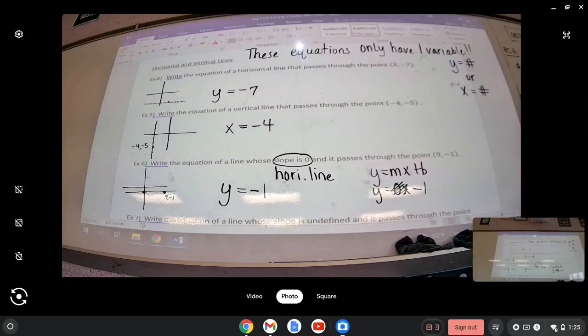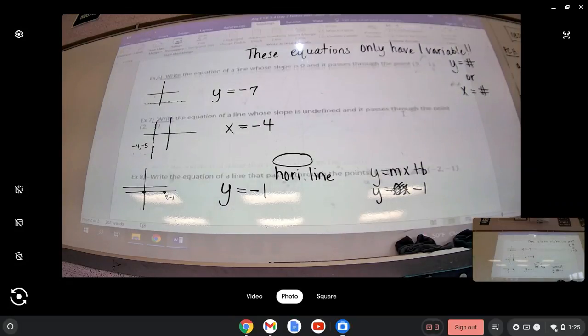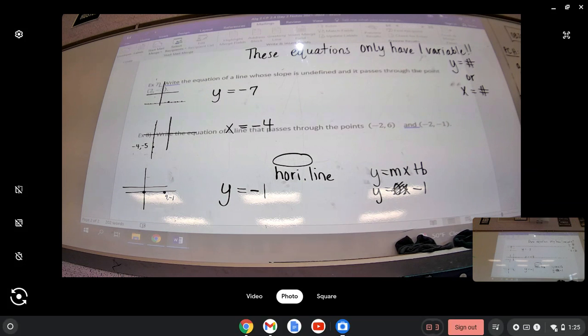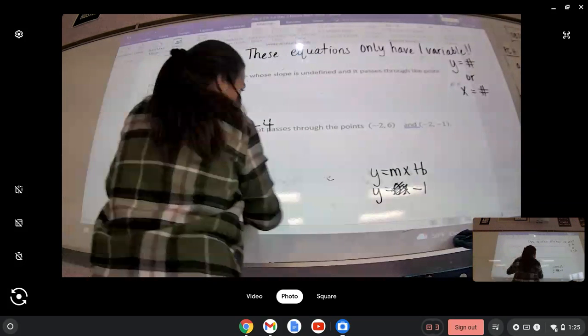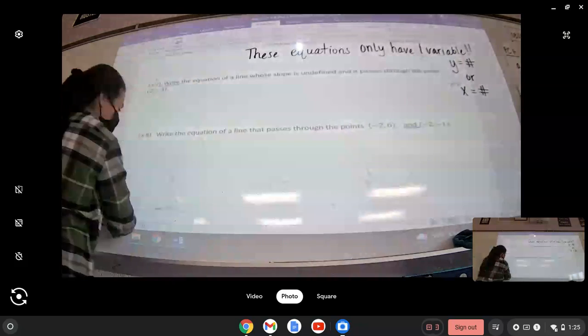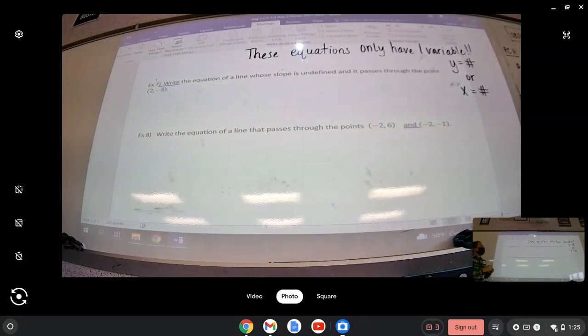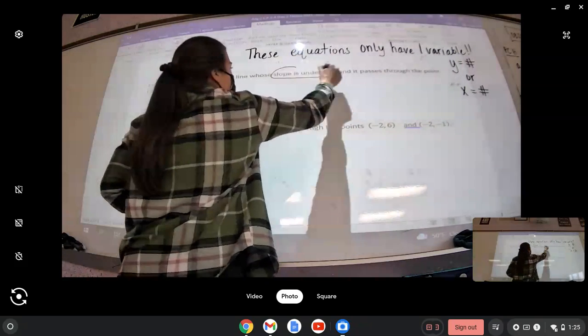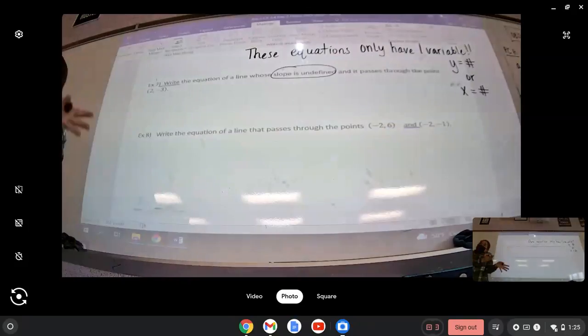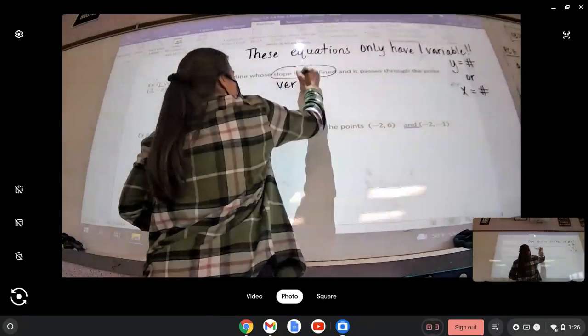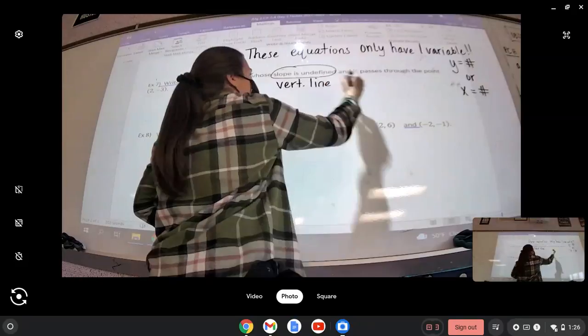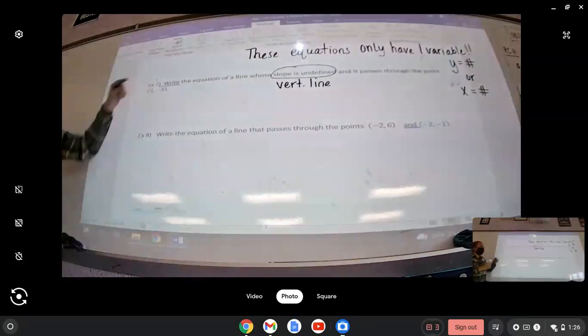All right, almost there. Look at example 7. Write the equation of a line whose slope is undefined. Guys, what kind of line had an undefined slope? A vertical. They're telling you this is a vertical line without having to say it. So we have a vertical line, and he has to pass through the point 2, -3.